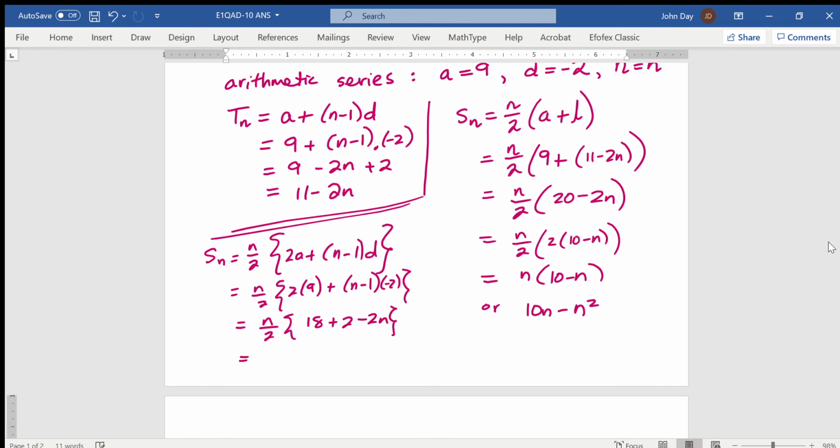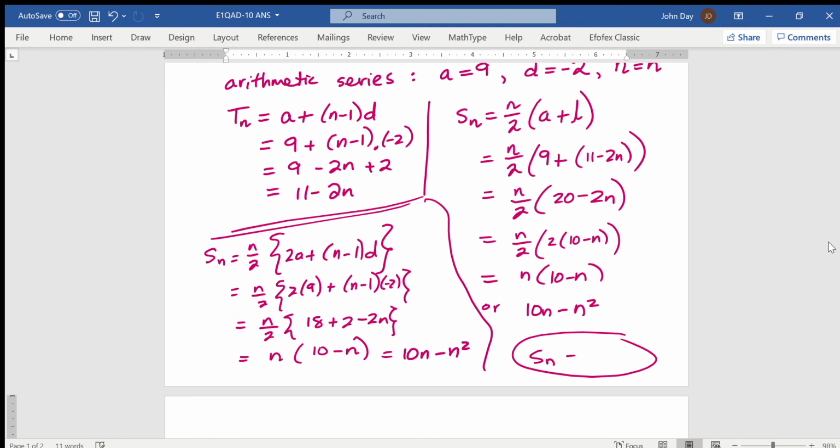So that will be n times 20, but I divided by 2, so 10 minus n, which would be equal to 10n minus n squared. So either way, you get that answer. The answer to that question is that Sn is equal to 10n minus n squared.